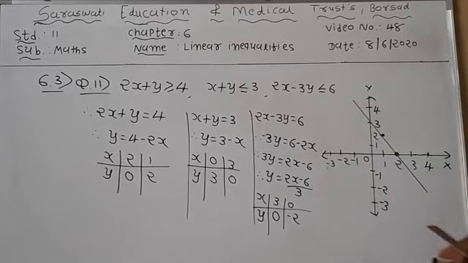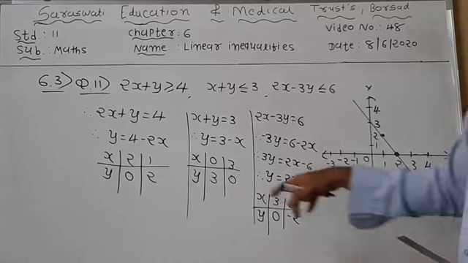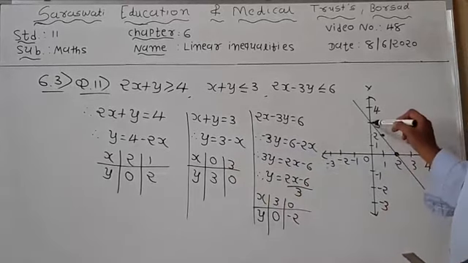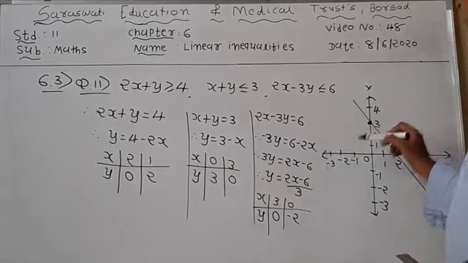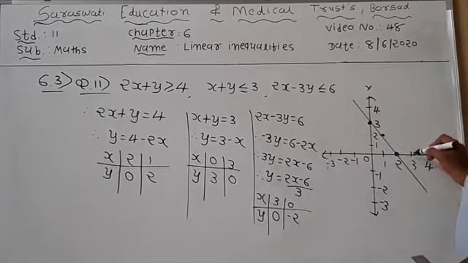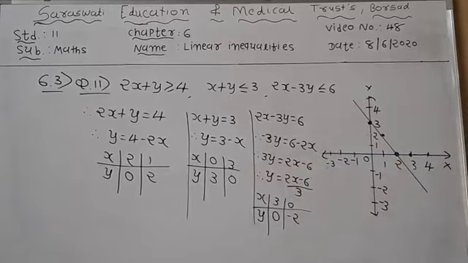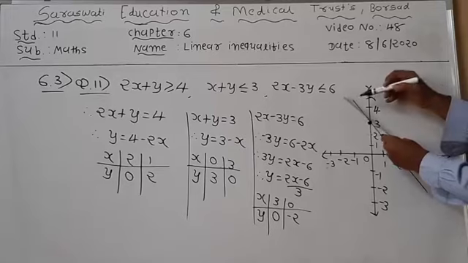Now in the second equation, another point 0, 3. So x coordinate 0, y coordinate 3. And 3, 0. So x coordinate 3, y coordinate 0, that means this point is present here. Now join the line.